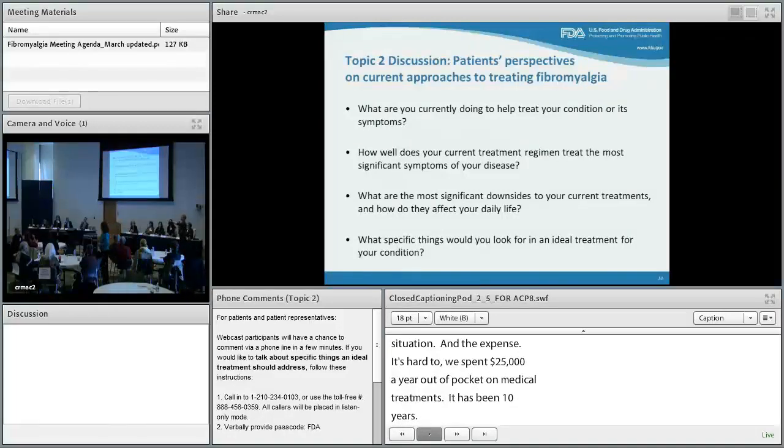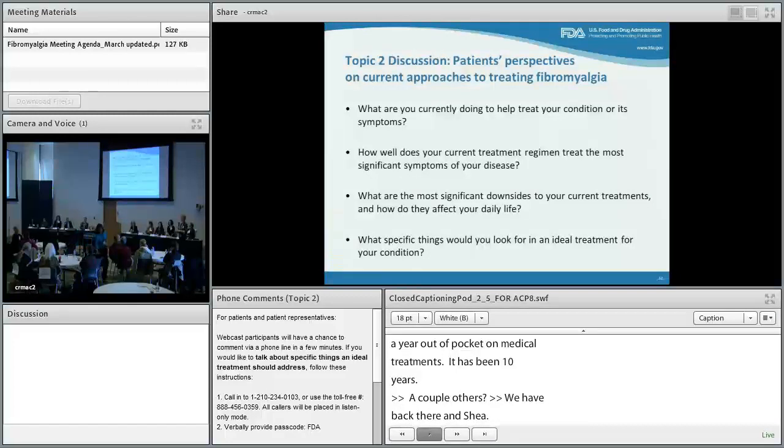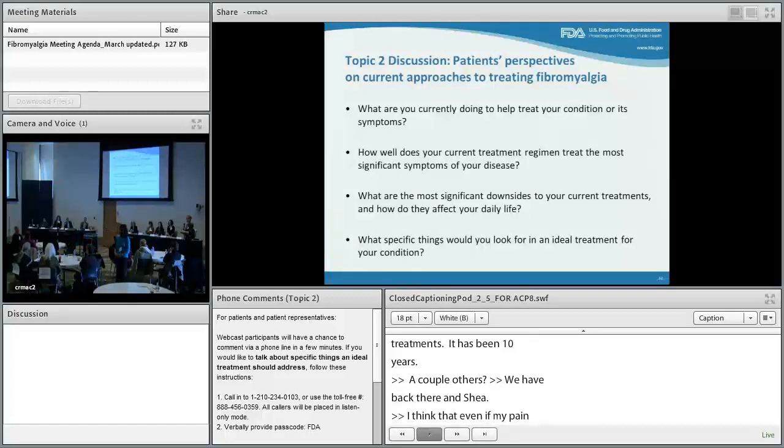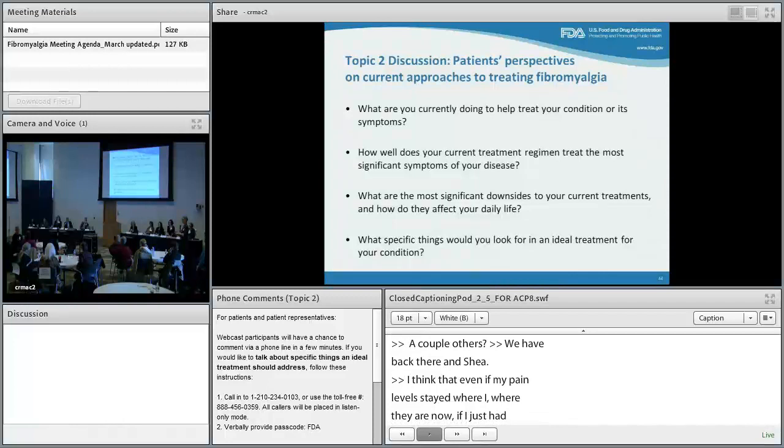A couple others. We have someone back there, and then Shay has her hand up. Oh, okay. Hi. I think that even if my pain levels stayed where they are right now, if I just had more energy, I would be in such better shape.